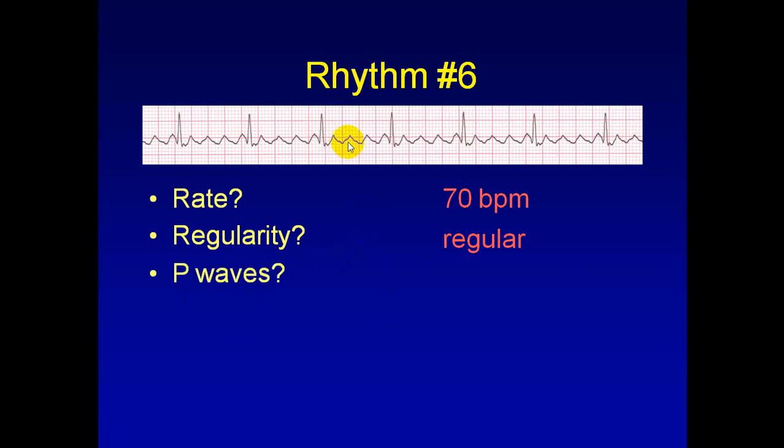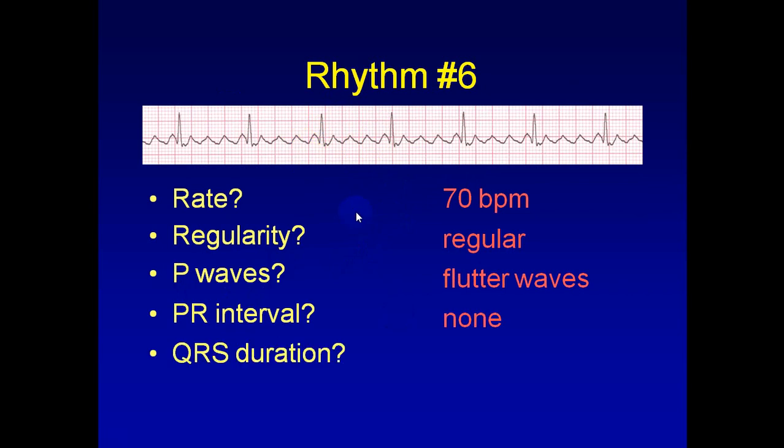It looks like this, where the P wave is all replaced by what's called the flutter wave, capital F wave, with a sawtooth appearance. This is the flutter wave. So there are flutter waves, there is no P wave, and we can't measure the PR interval.